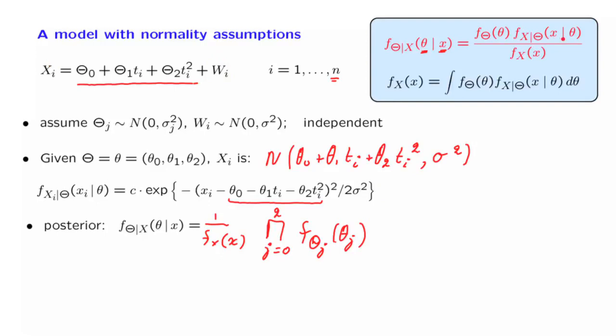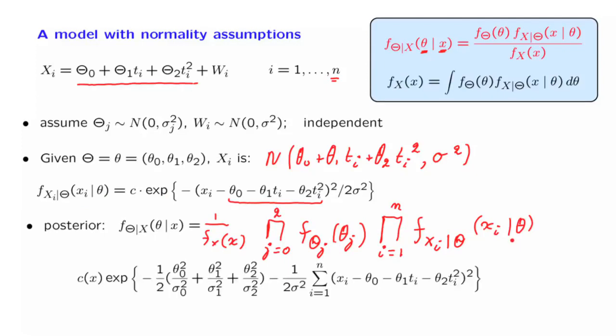So in the conditional universe, where the value of theta is known, the xi's are independent, and therefore the joint PDF of the xi's is equal to the product of the marginal PDFs of each one of the xi's. But this marginal PDF in the conditional universe of the xi's is something that we have already calculated, and so we know what each one of these densities is. We can write them down, and we obtain an expression of this form.